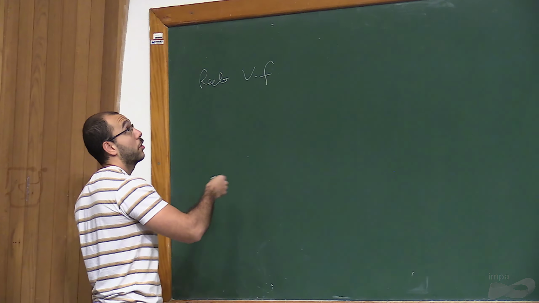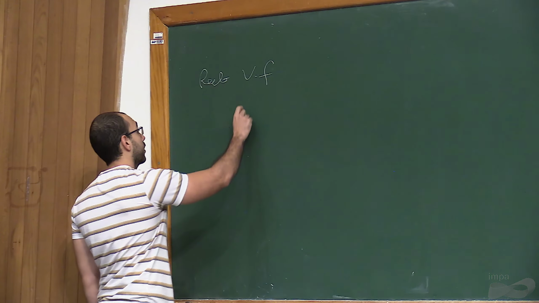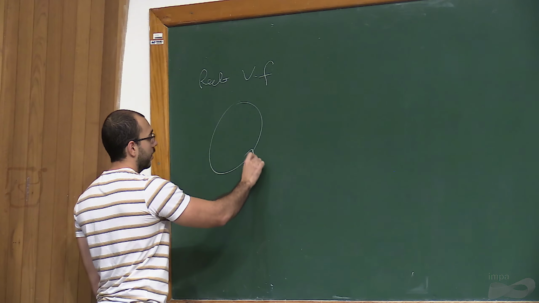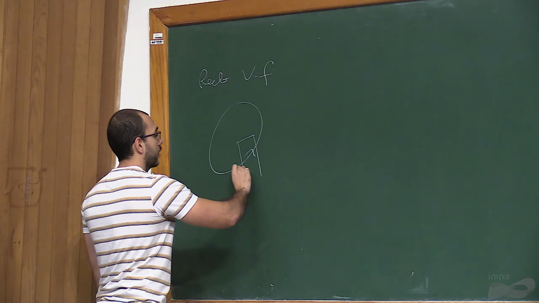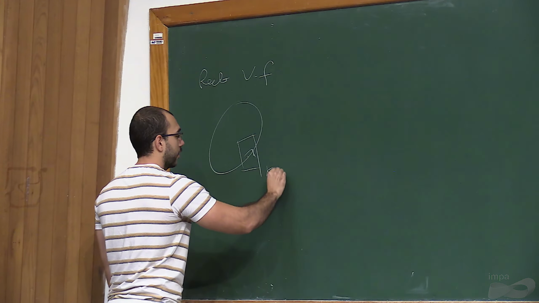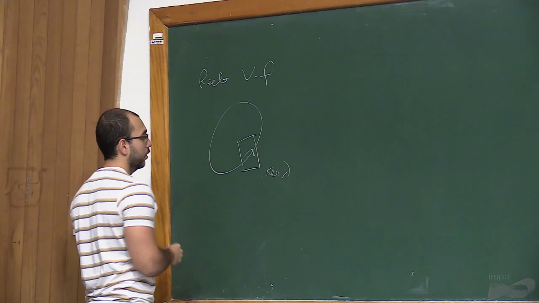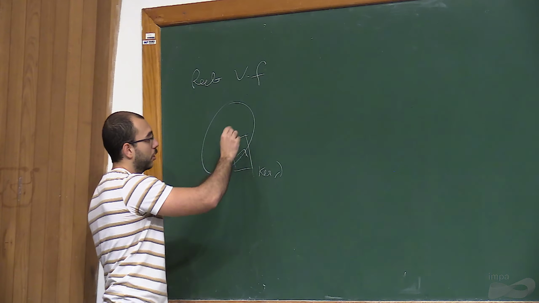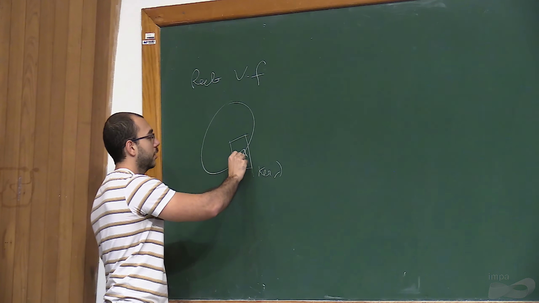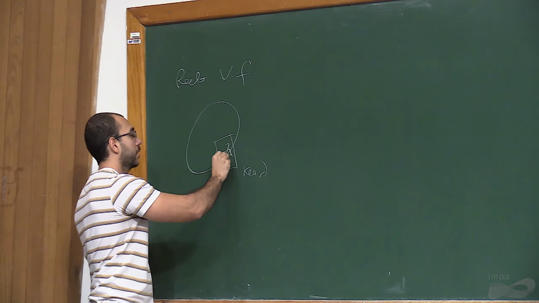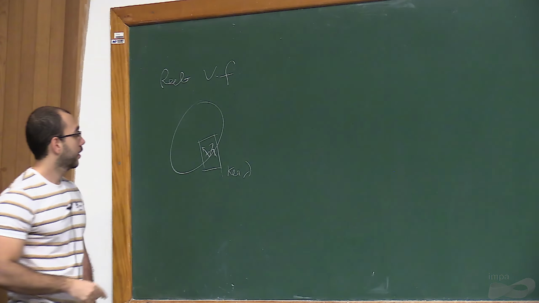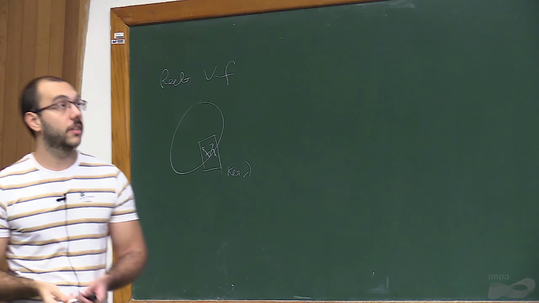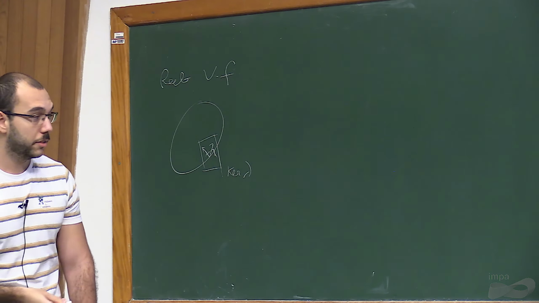And a form is called non-degenerate when you take a Reeb orbit and you consider the contact structure, which is the kernel of the contact form. And then you look at the differential of the flow along the orbit. So this is a linear symplectic map. And then you can classify the orbits as elliptic and hyperbolic, looking into the eigenvalues of this map.